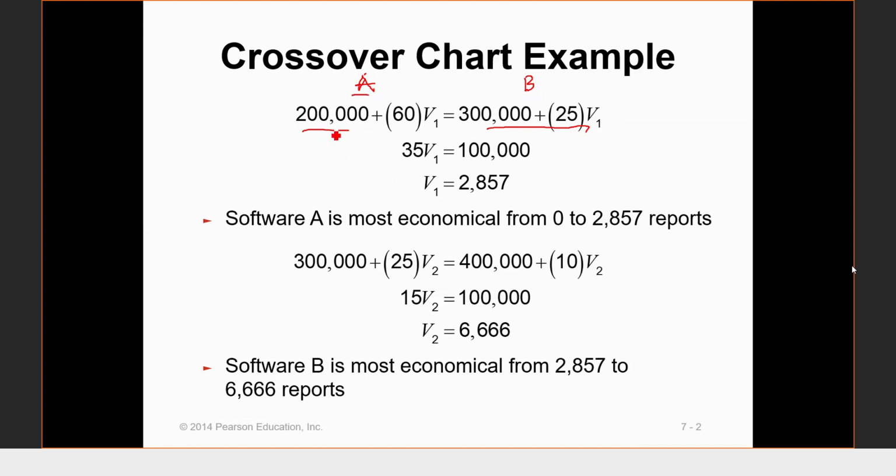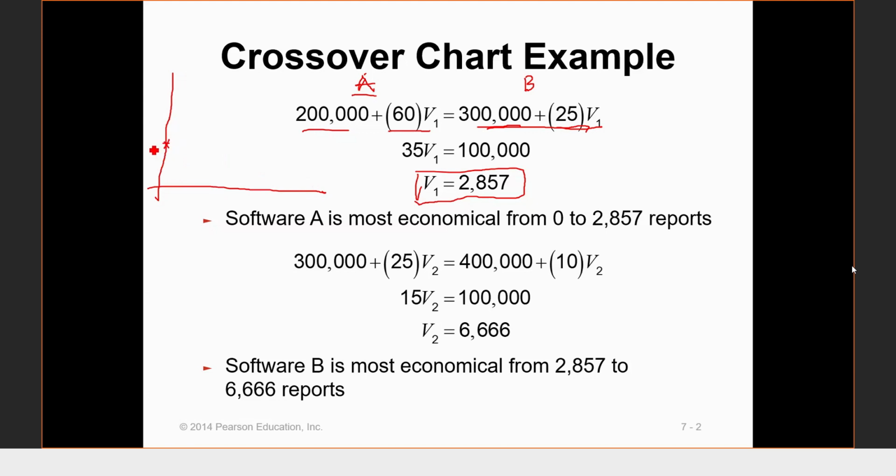So what we have here is fixed cost, this is variable cost. This is fixed cost, variable cost. Solving this, finally we get this number. So this is what is showing here. Let's say you plot graphically. You have 200K. This is the point.